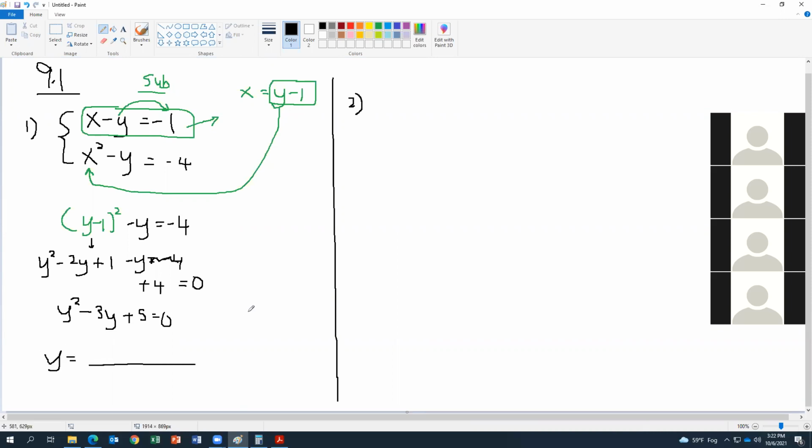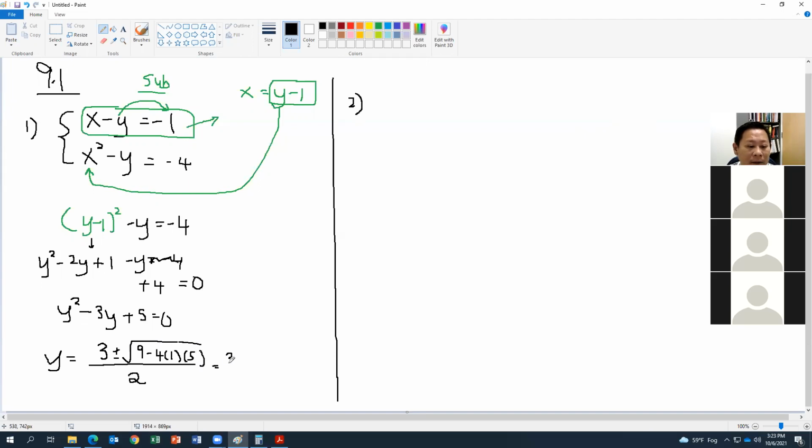It's -b, so that will be 3, plus or minus the square root of b squared, which is 9, minus 4 times a, which is 1, times c, which is 5, all over 2a, which is 2 times 1, 2. Okay, this is the quadratic formula.